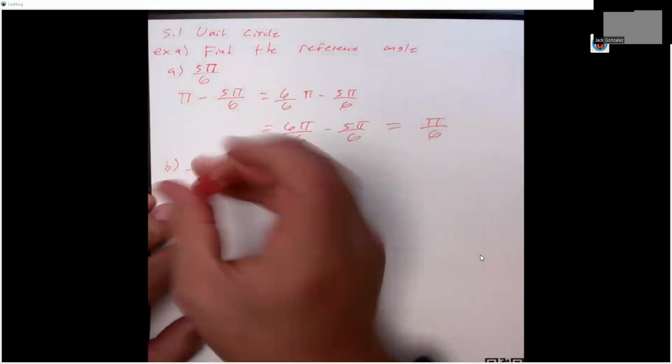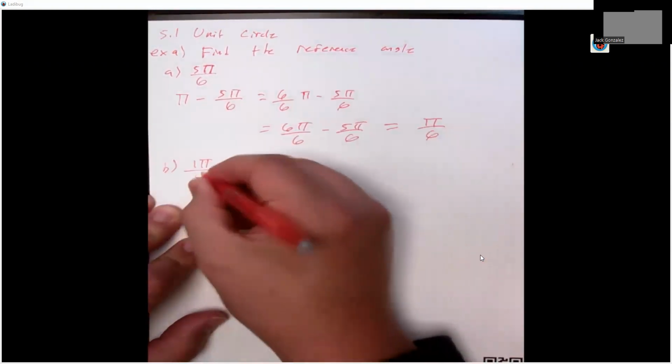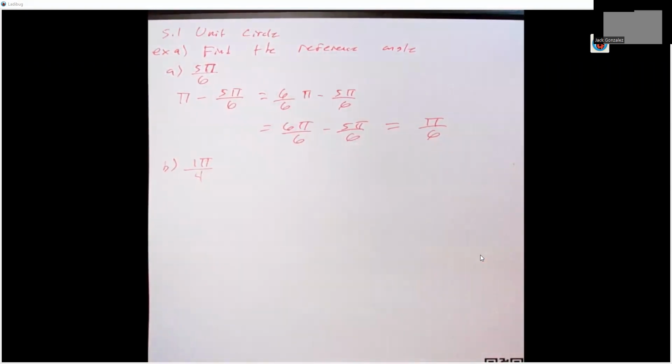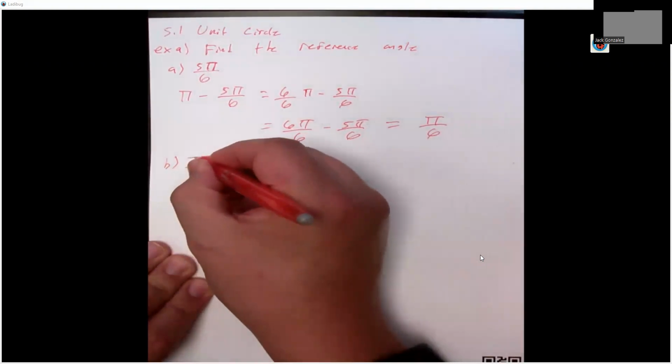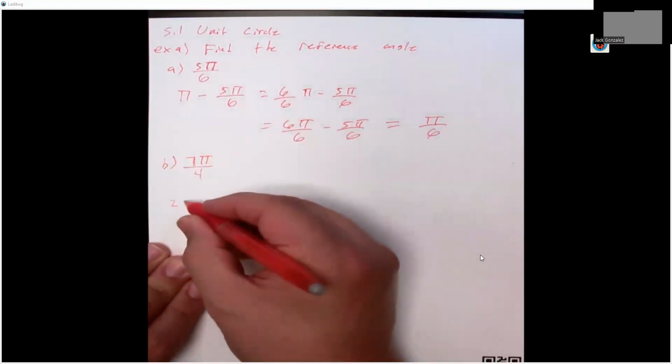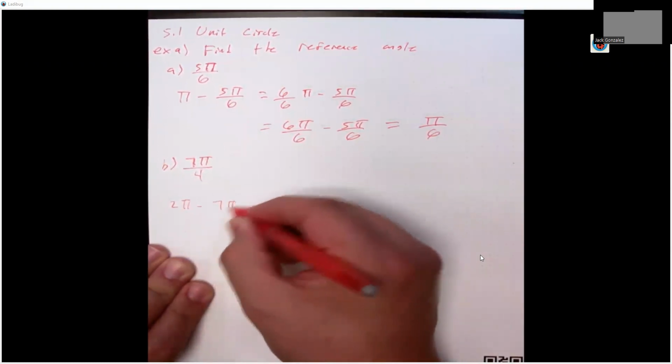Like this guy is in quadrant 4. So I need to subtract from 2 pi. That's 7 pi fourths. So you take 2 pi and subtract 7 pi fourths.